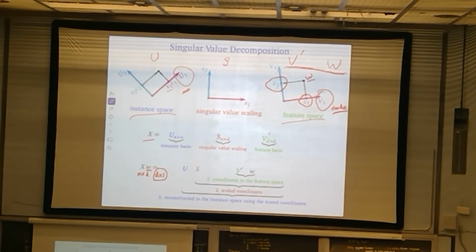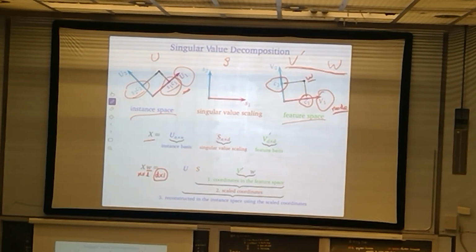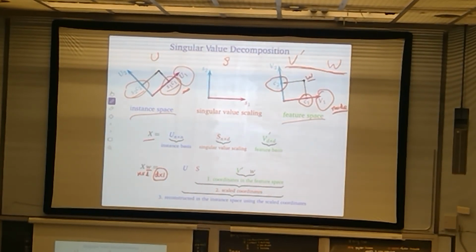C1 is scaled by S1, and C2 is scaled by S2. What's the output? I'm applying an action to a point in D-dimensional space, but I'm outputting a point in the N-dimensional space. It can be understood as using the rescaled coefficients to reconstruct this point in U. That's my output.